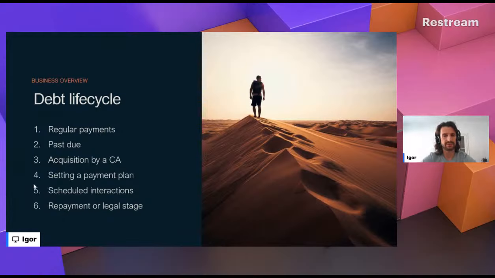If at this stage everything goes well, then after some time there is a full repayment, meaning that the debtor was able to fully repay their debt. If that's not the case, then the next stage of this life cycle comes into place, and that's the legal stage, meaning that the collection agency is going to court because they cannot do anything with this customer.